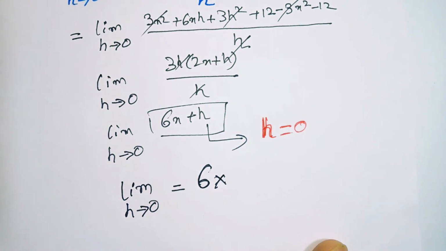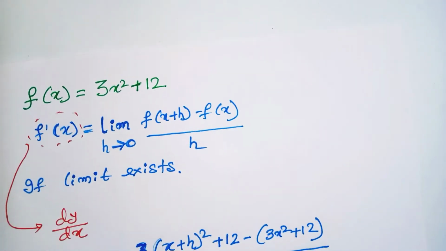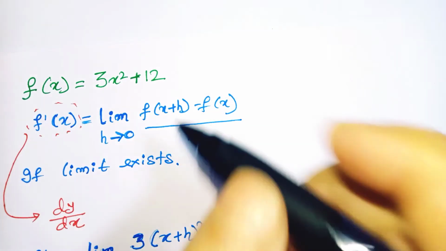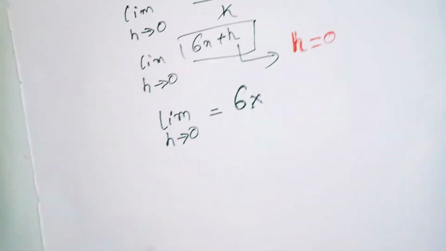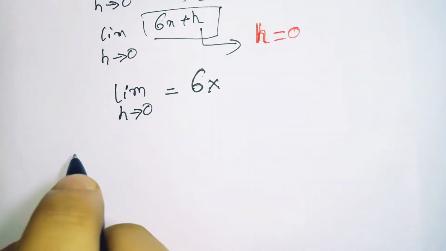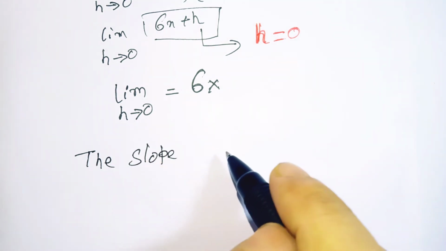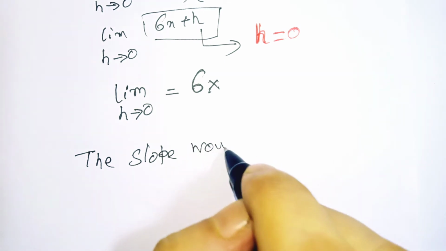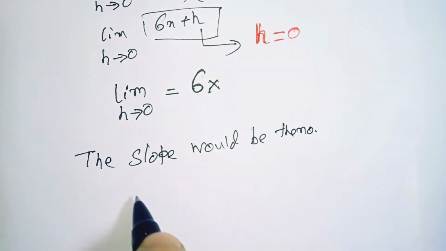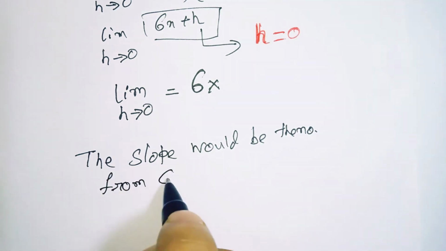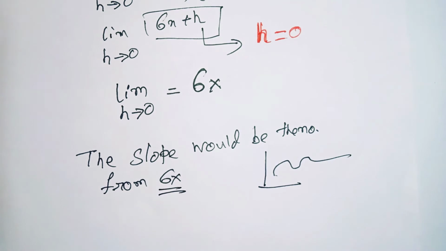So the derivative of the function f(x) equals 3x squared plus 12 becomes 6x. So the slope would be given by 6x. If you're calculating a slope of this kind, it would always have this value of 6x, right?